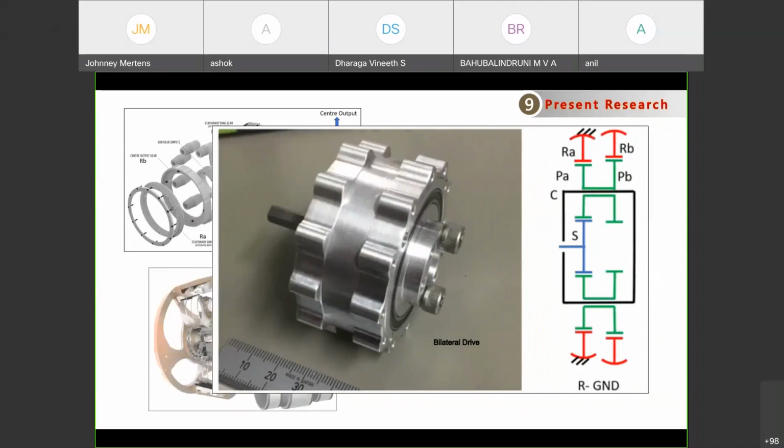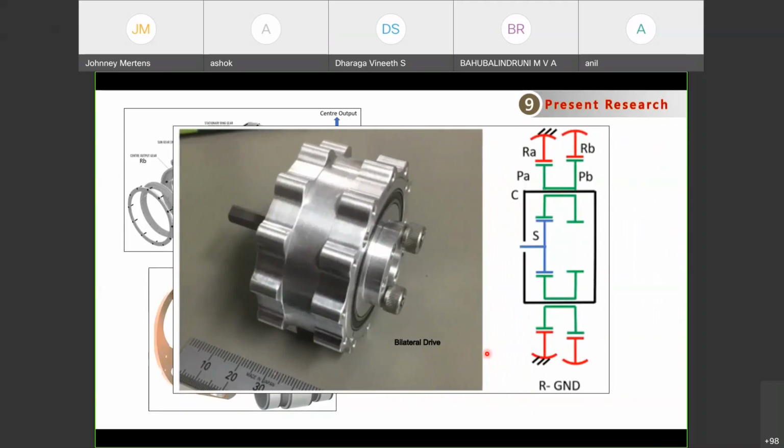And the third one, the bilateral drive. In all the drives we have seen up to now, a different efficiency occurs when the rotation direction changes. For example, an articulated robot has to move clockwise as well as anti-clockwise. The efficiency in the clockwise direction may be lower than in the anti-clockwise, or vice versa.